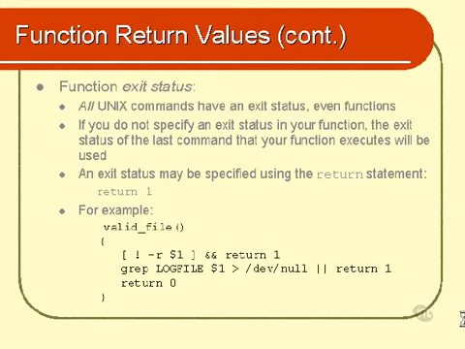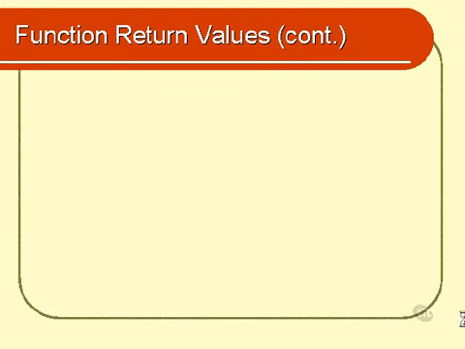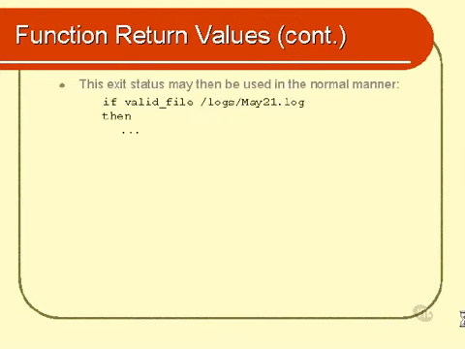And if we successfully make it past that line, then grep must have found log file in the file, so we can safely return 0. Notice that no output is produced at any time, not even via the grep, because I've redirected the grep output to /dev/null. So this little validFile function can be used in the following way. We can say if validFile and then specify the file name that we want to test. So then we can read that as saying if maid21.log is a valid file, then do some particular processing there.